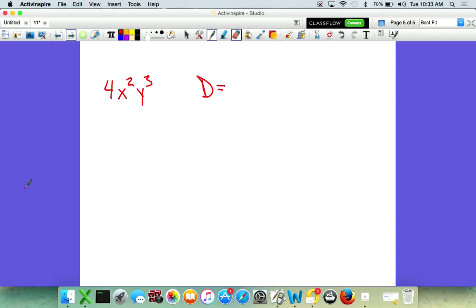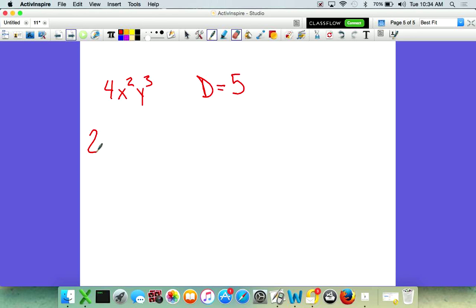Well, that would be wrong in this case because what we're looking for is the total exponent of the variables in one term. Well, for this one, we would have a 3, but we'd also have a 2. Our degree would be a 5 here. You would just add the exponents together to get our degree.